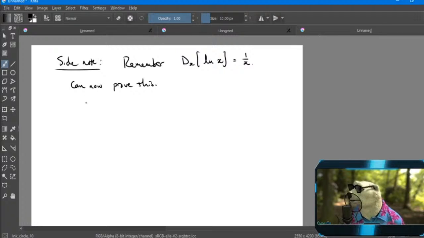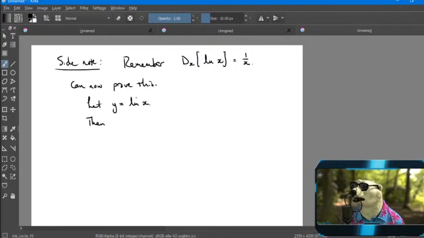So let's start by saying y is equal to natural log of x. That's our function. Then, something I've emphasized many times, we have to be able to switch back and forth between a log equation and an exponential equation.